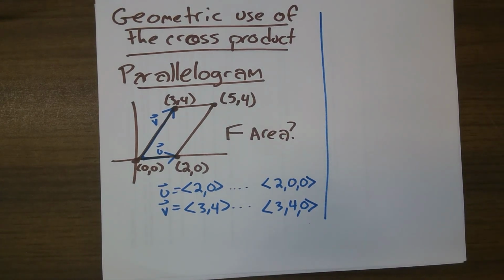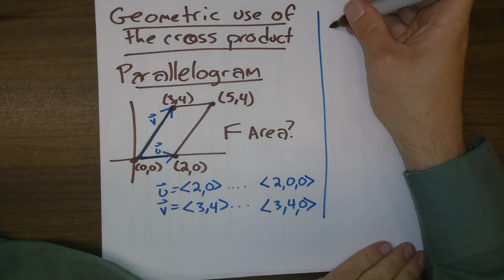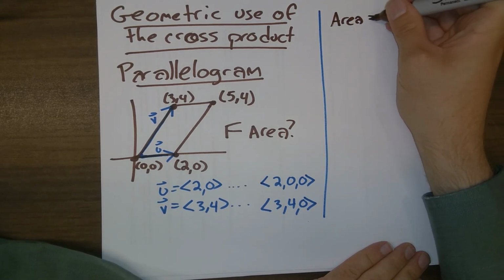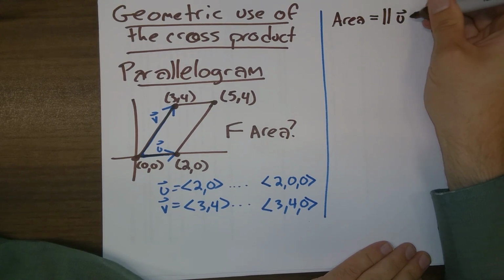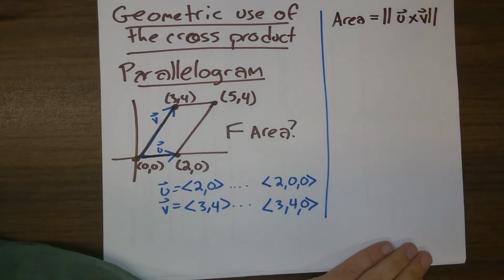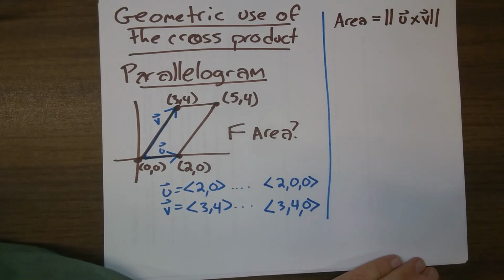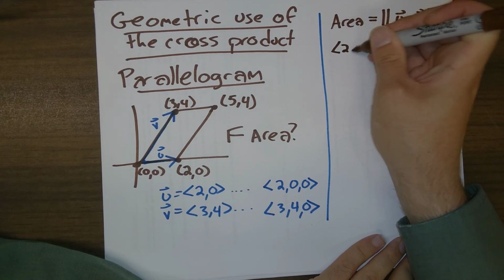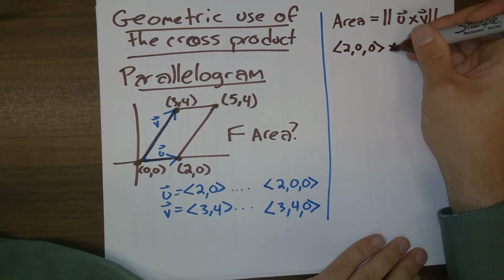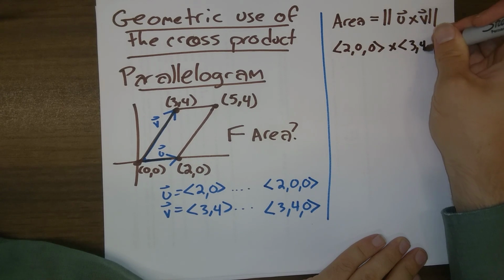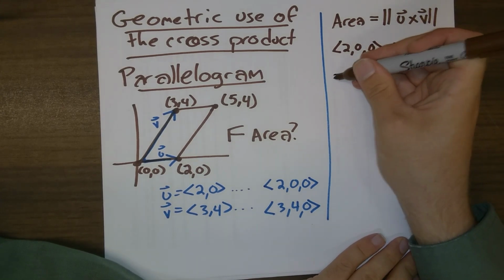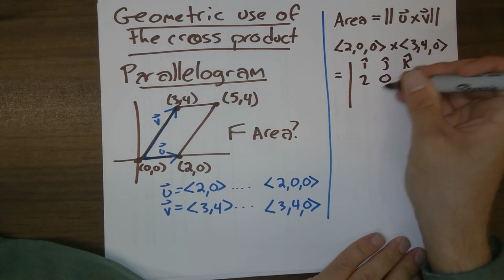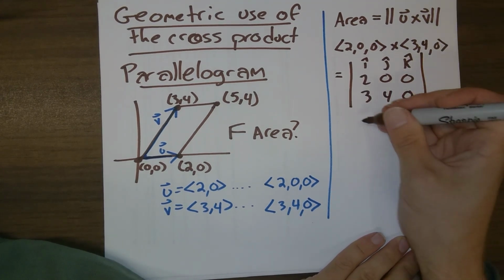So if we make those changes then, as it turns out, the area of this parallelogram is simply given by the magnitude of the cross product. So to find the area, all we have to do is 2, 0, 0 crossed with 3, 4, 0.